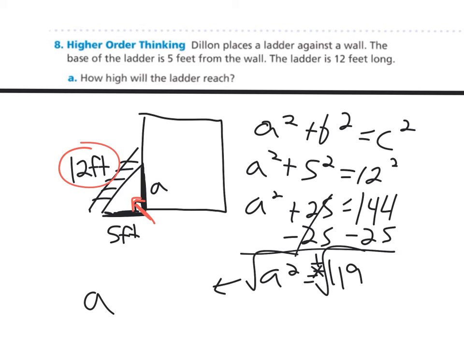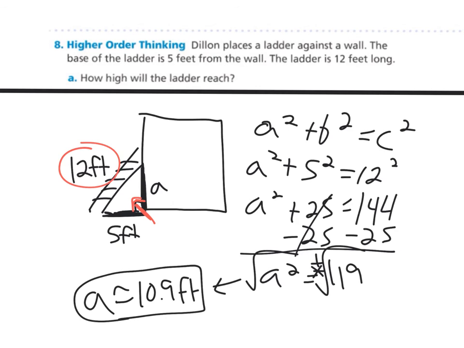And we'll just round this. They should have told us, but we're just going to round this off to the nearest tenth is what they're doing. So that's about 10.9 feet. Okay, again, it better be less than 12 feet off the ground, because it's only a 12-foot ladder to begin with.